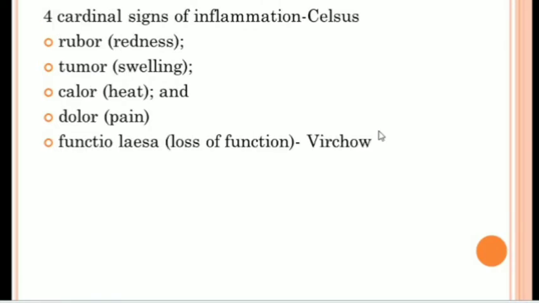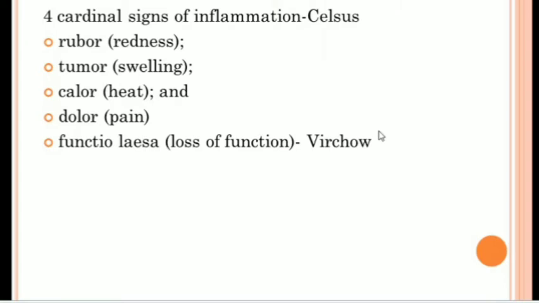Now coming to the signs of inflammation, the famous Roman writer Celsus in the 1st century AD named the famous 4 cardinal signs of inflammation. First, we have rubor, that is redness, tumor, that is swelling, calor, heat, and dolor, pain.